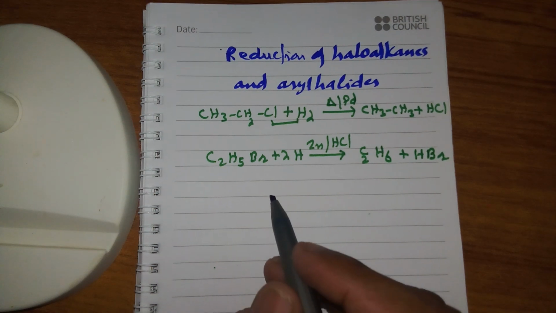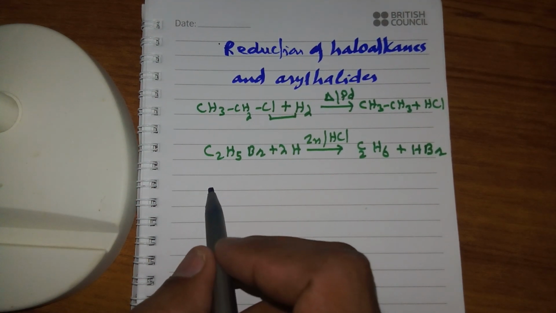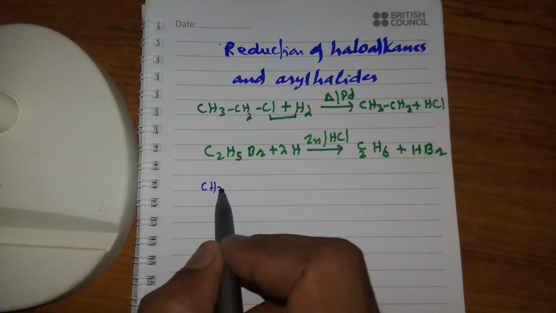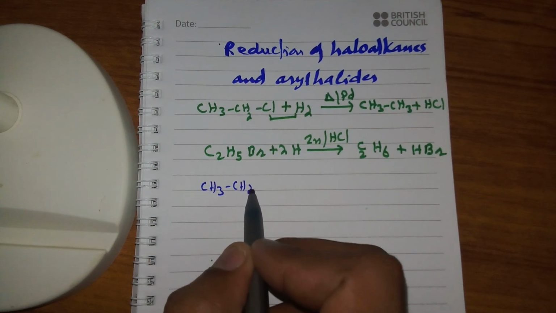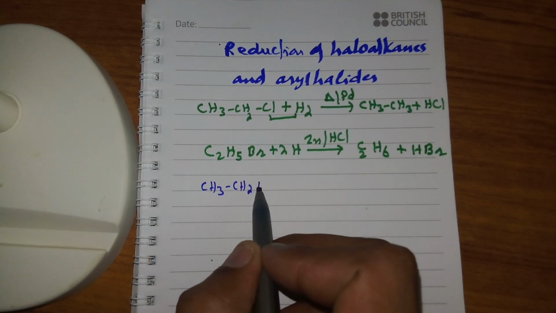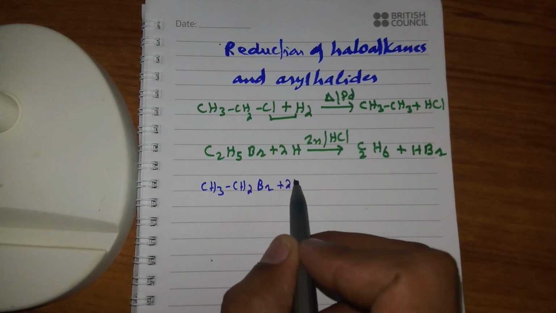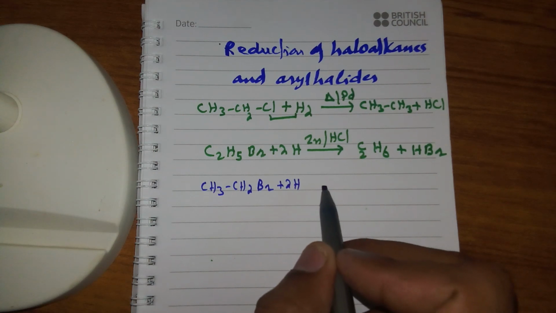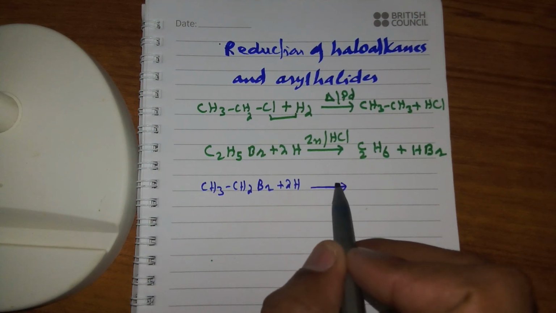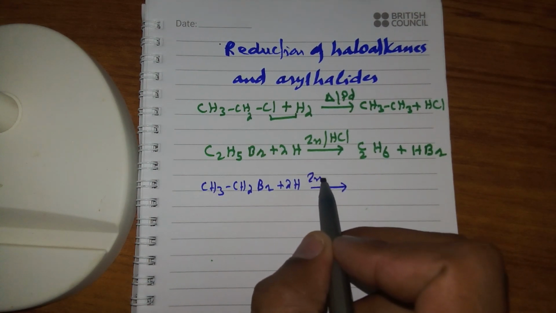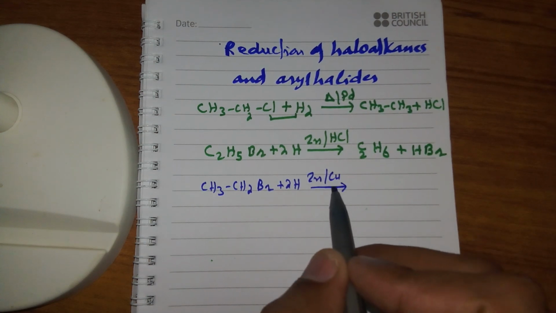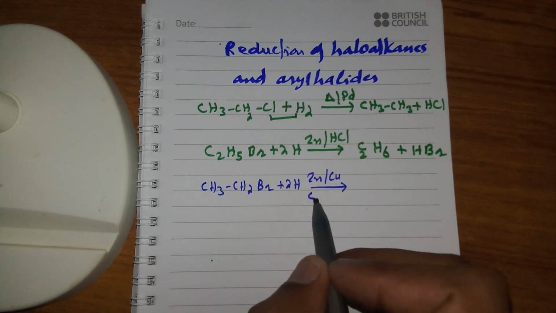Taking another example, I have CH3CH2Br, this is ethyl bromide, and it reacts with hydrogen in the presence of zinc and copper.